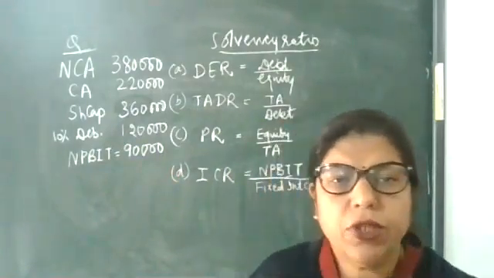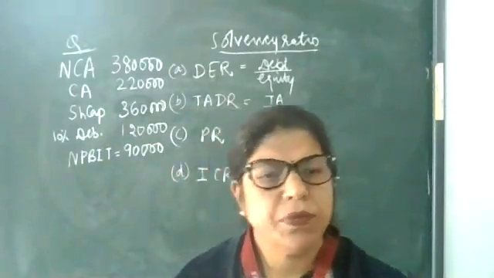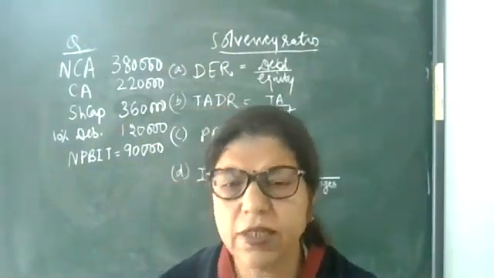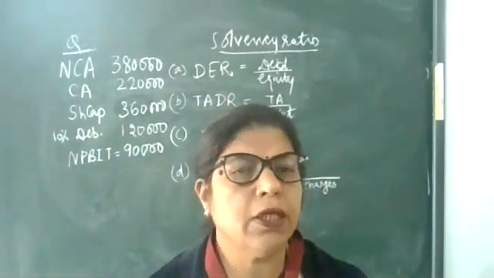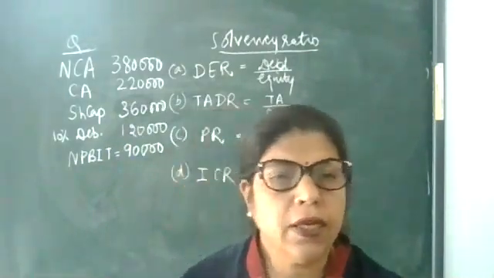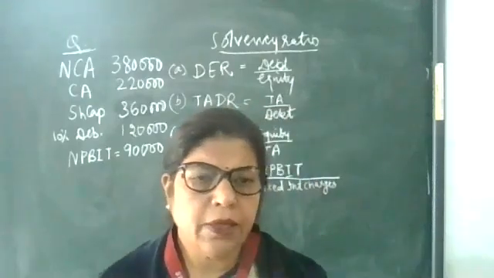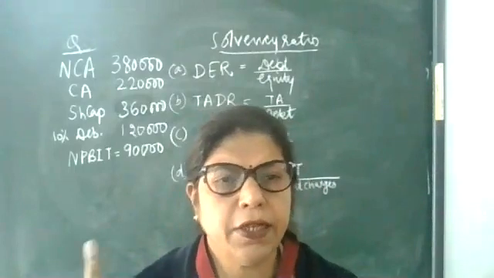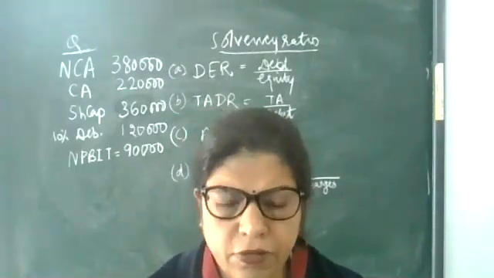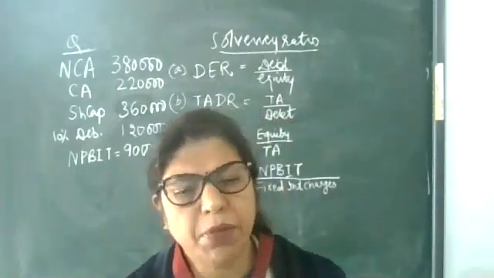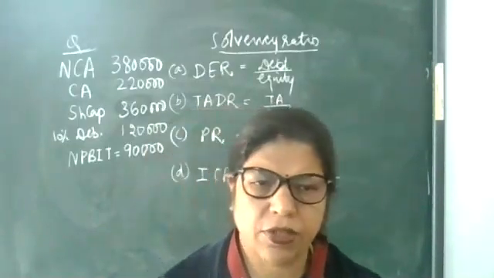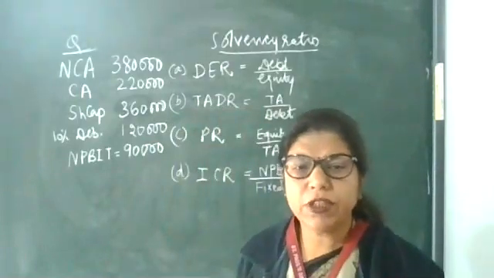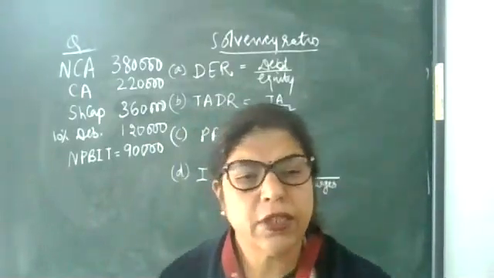See, I am going to explain this one. NCA means non-current asset, which is fixed asset like land and building, plant and machine, furniture. Current assets in the exam maybe given separately. Current asset means inventory, trade receivables, cash, bank deposits, etc. Now share capital, or in place of share capital they can give you equity.